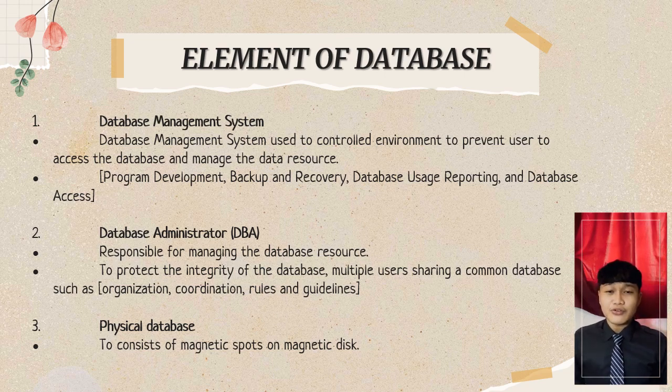First and foremost, the database management system, or DBMS, is used to control the environment to prevent users from accessing the database and to manage the data resource. For example, some of the features included are program development, backup and recovery, database users reporting, and database access.